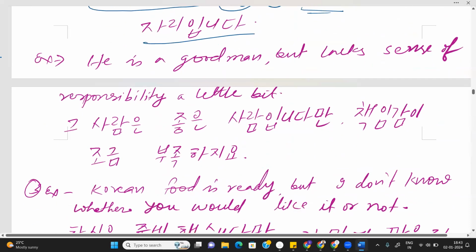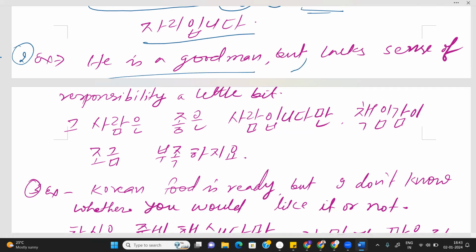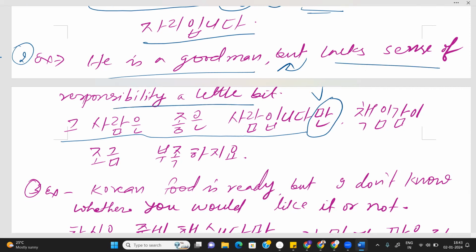Let's do another example. Again, I'll explain the same example. Second example. He is a good man, but 그 사람은 좋은 사람입니다만. Lacks a sense of responsibility a little.